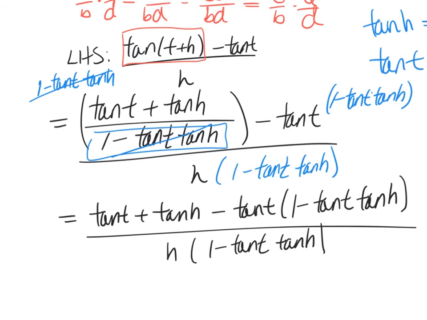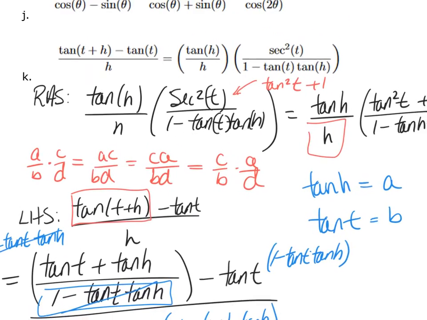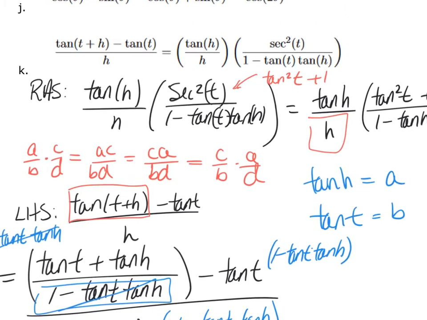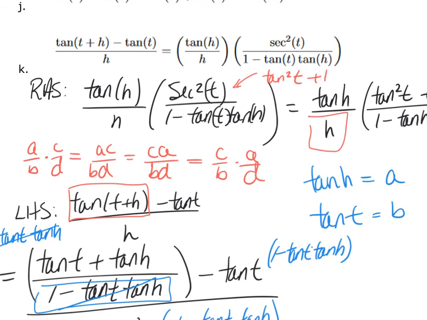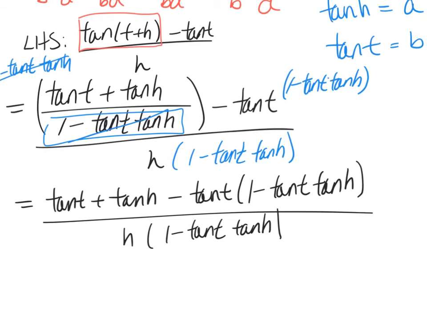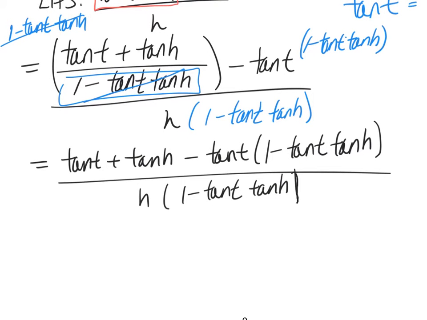So if we take a look, eye on the prize, we're actually getting closer to the right-hand side than when we started with the right-hand side. Because right now, the right-hand side has this in the denominator, so we're getting closer by choosing the other side.